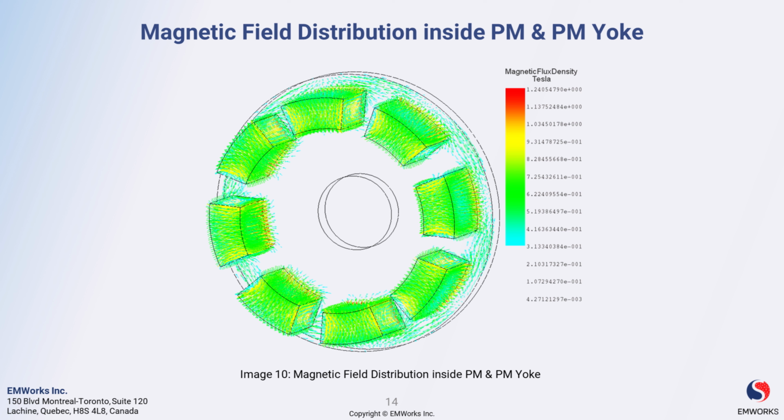EMWorks Inventor allows for detailed visualization and analysis of these magnetic field distributions, enabling engineers to evaluate different design scenarios and make informed decisions to optimize the governor's performance and efficiency.